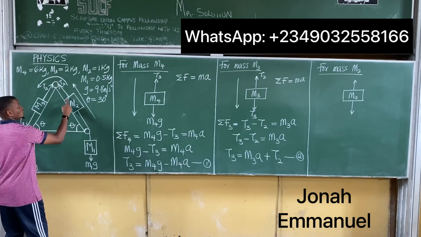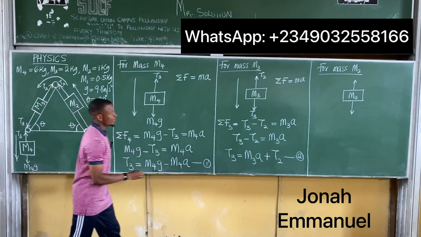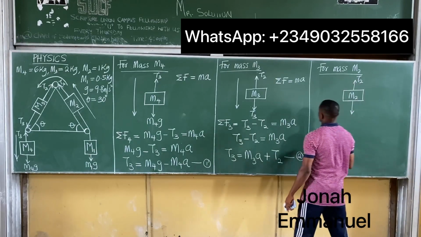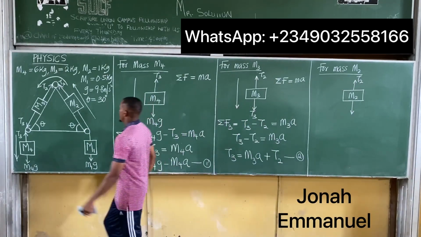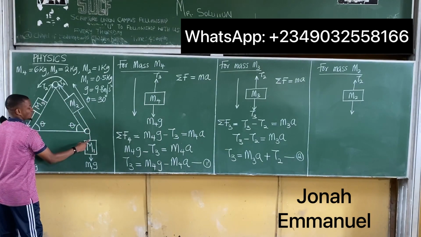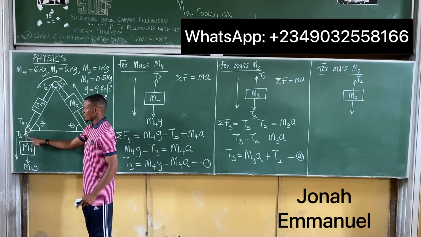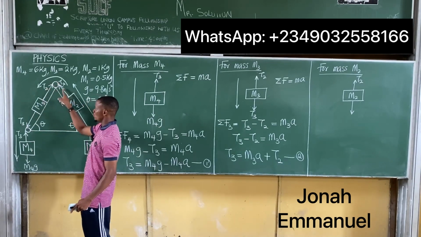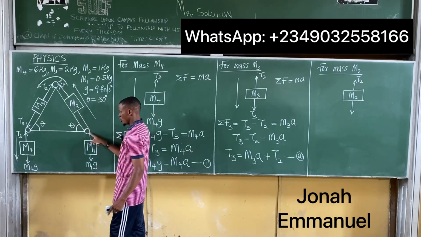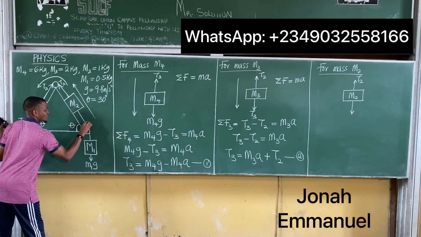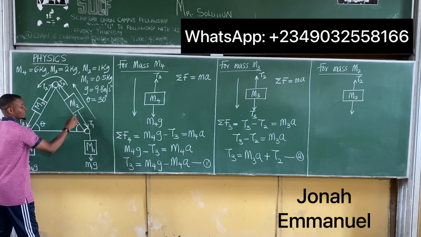So for M2, T2 is pointing upwards. So I'm having here T2 pointing upwards. And if I look at this here, this is another string. So I have string T3, this is one string, string T2, another string, string T1, a third string. T1 will be in the opposite direction, so I'm having T1 pointing downwards.